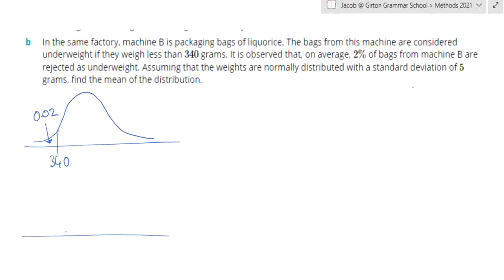And so on our standard normal curve, we want to find the z-score that has that area as 2%.